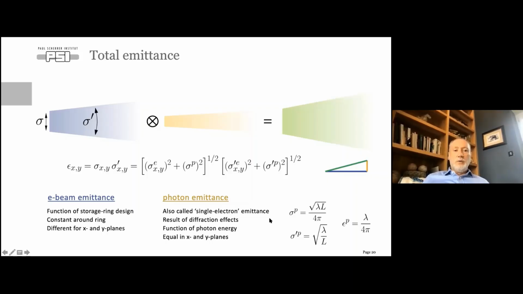Now, the total emittance is a convolution of the electron emittance, which I'm showing in blue, and the photon emittance, which I show in this gold color. So they add orthogonally, and this is why I show this little Pythagoras triangle here. But the total emittance, which I show in green, is a convolution of the two.